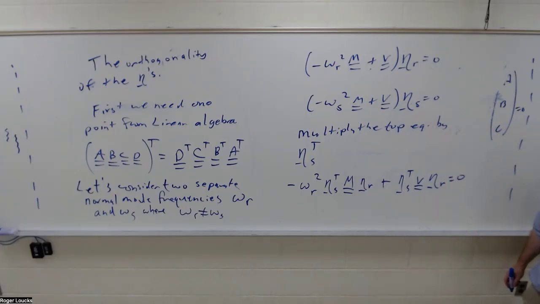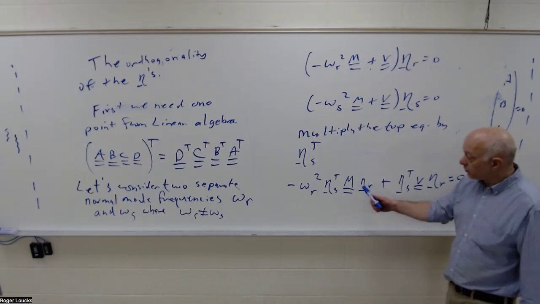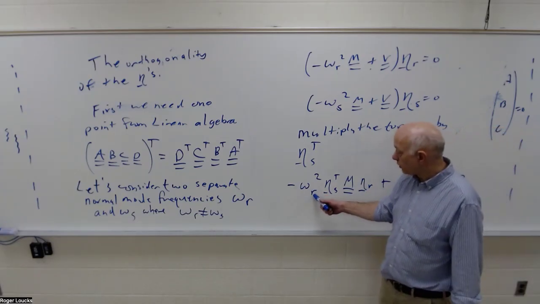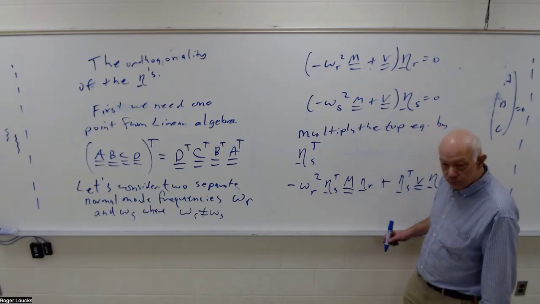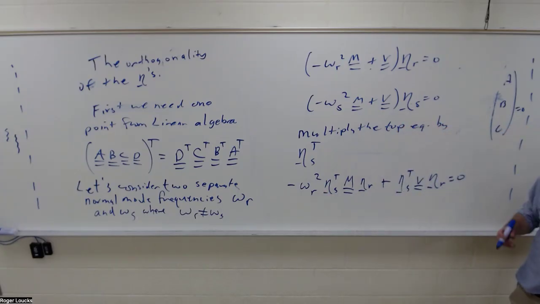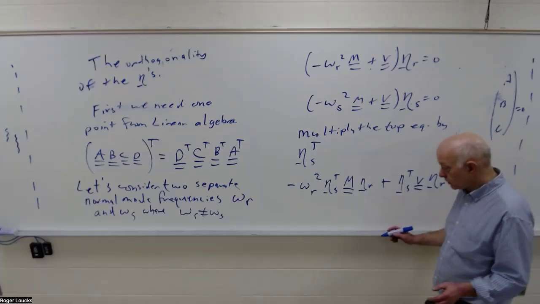Does that make sense? All I did here is, since the minus omega r squared is a constant, I just pulled it out. Okay, makes sense. Let's take the transpose of this whole thing.